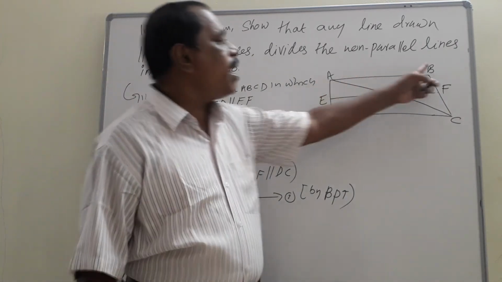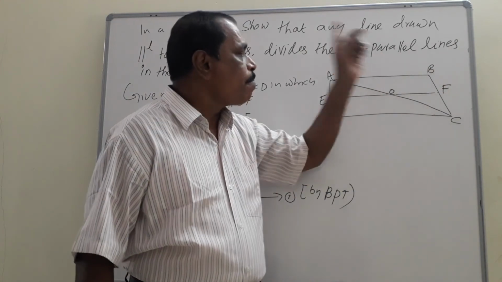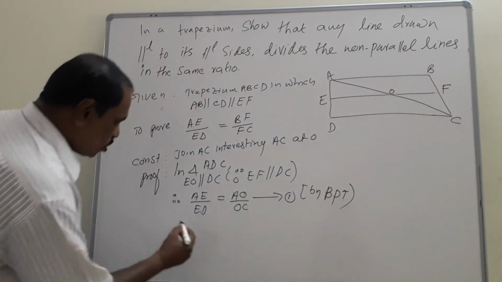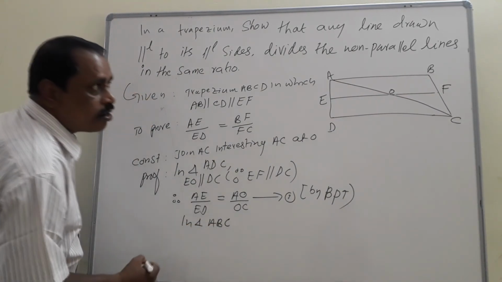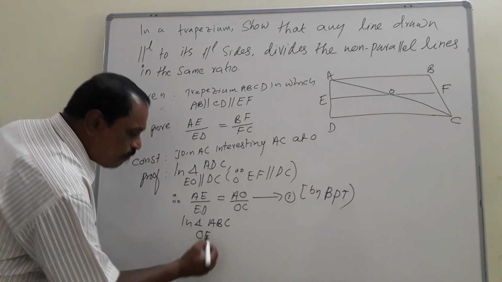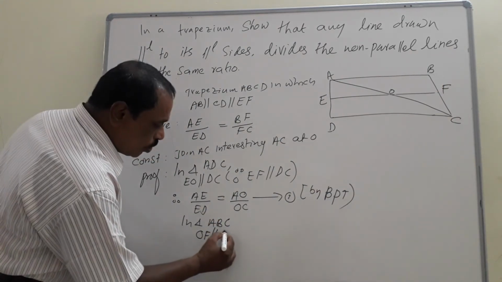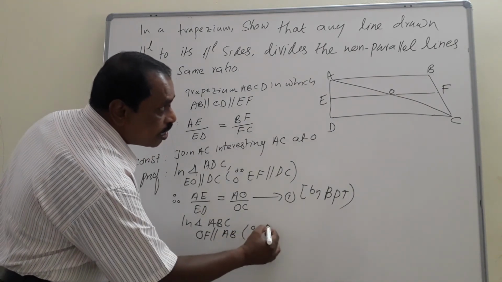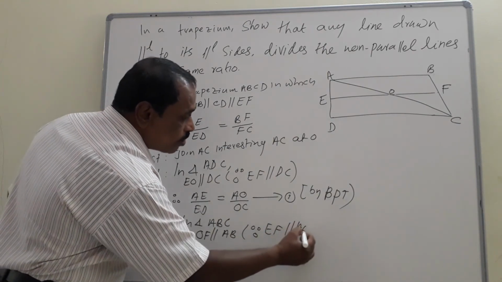In triangle ABC, OF is parallel to AB because EF is parallel to AB, given, right? Everything is given in the question. OF is parallel to AB since EF is parallel to AB, correct?